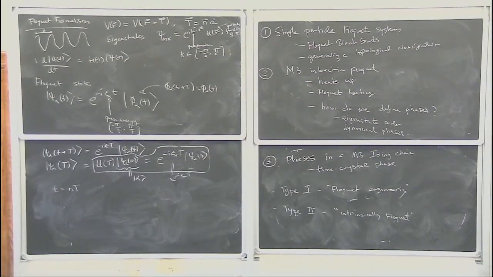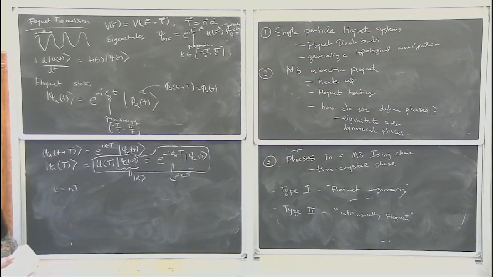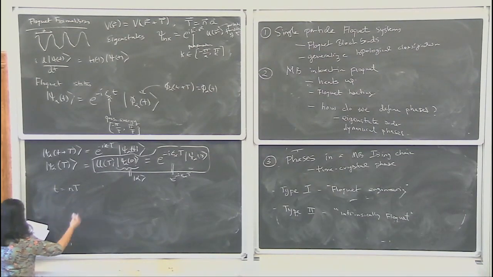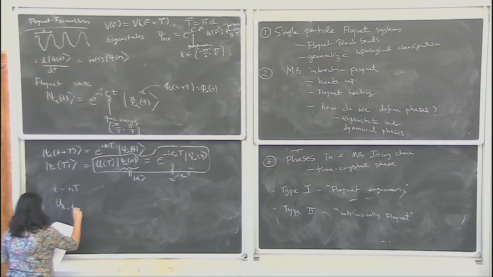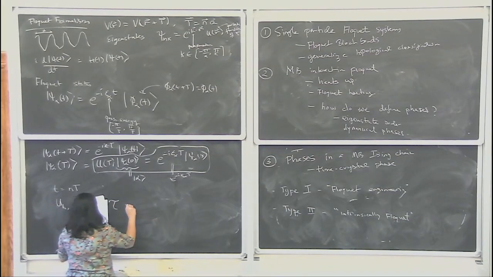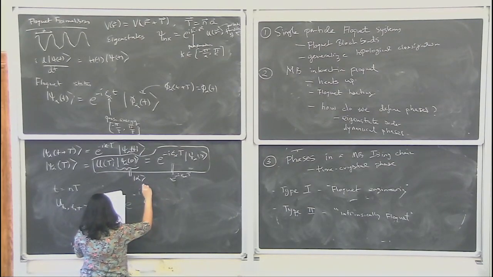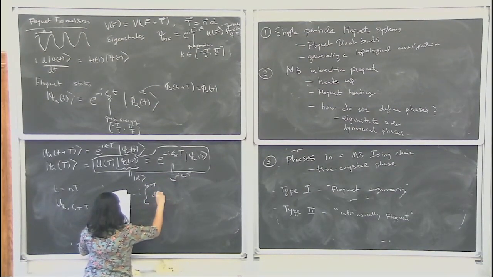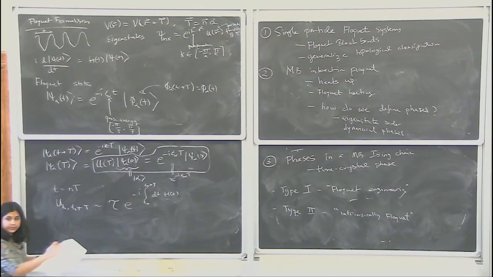Okay, so I should also say that in general, you have not just U of T, but a family of time evolution operators that are all related by a unitary transformation, right? Because we can consider U of t0 plus T, t0, because the zero of time is arbitrary and actually represents a kind of Floquet gauge choice.